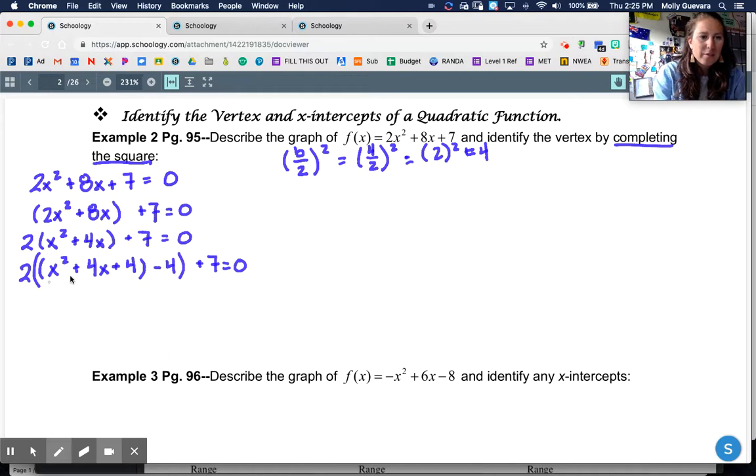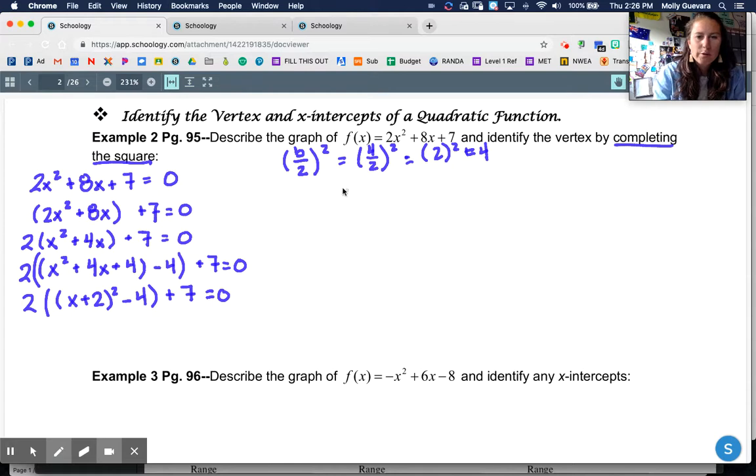And the reason for that is now this x squared plus 4x plus 4 is something that we can factor, and we have to think back to our factoring skills. But that factors into x plus 2 squared. Okay, and then I still have this minus 4, and then I still have the plus 7.